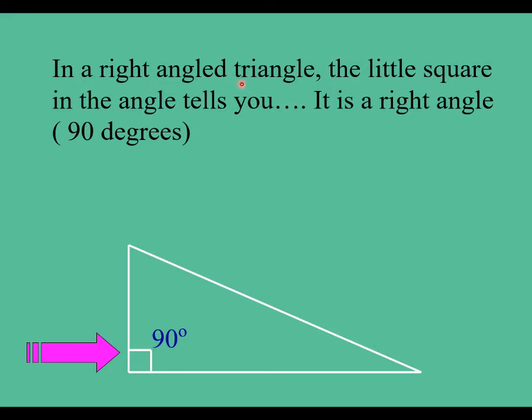In a right angle triangle, the little square in the angle tells you that it is a right angle, or 90 degrees. Every time you see this kind of little square, it indicates 90 degrees. The angle may not be mentioned, but if you see this box or square symbol, it is understood that this is 90 degrees.